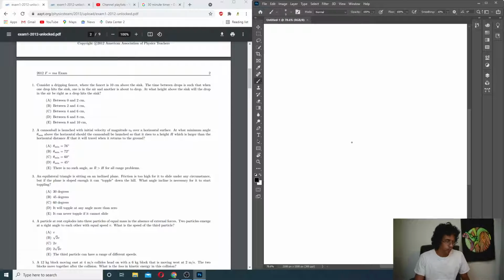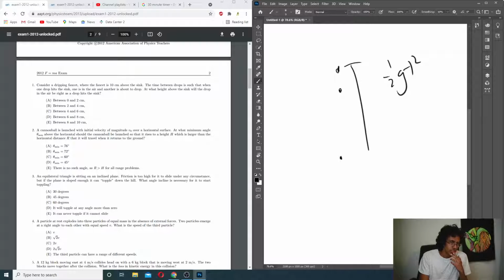Okay. So, essentially it's saying that we have drop, drop, drop, right? Because essentially your distance you drop is like 1/2 gt squared. So t should be such that the height h is equal to 2 times 1/2 gt squared, where t is the time between the droplets.